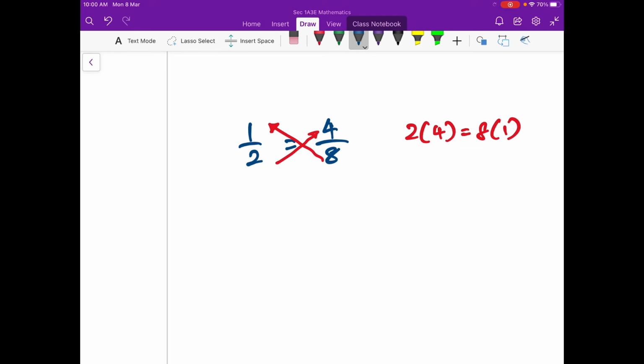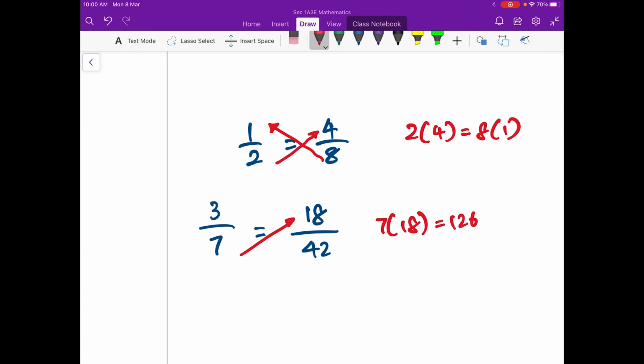For example, 3 over 7. Let's make the denominator 42. 18. Let's try it again. 7 times 18 is 126. And then you take 42 times 3.